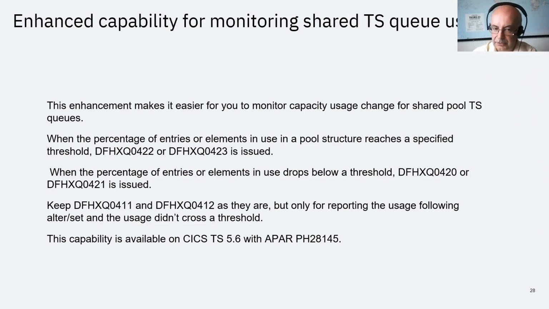So we've got some new messages that, like the previous slide, will give you a percentage of when the number of entries or the number of elements in use is approaching the limit of the pool structure. And again, we backported that via the APAR number you can see on the screen.